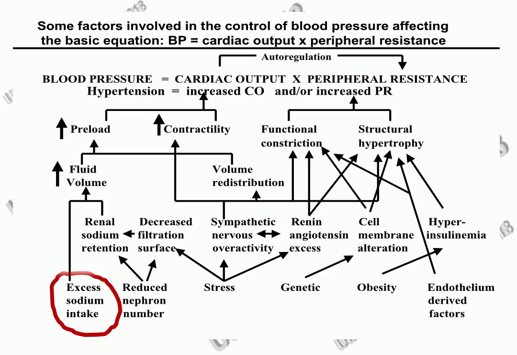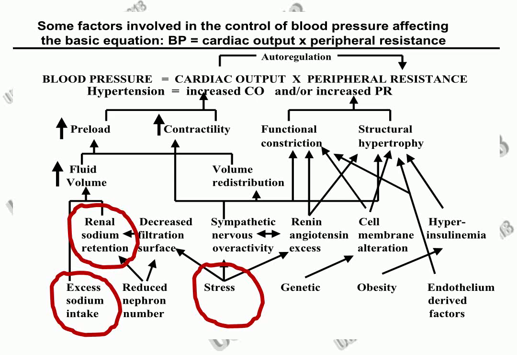And if you look at the different factors that can affect the equation: when you have excess sodium intake, that is basically leading to increased fluid volume. When you have renal sodium retention caused by some form of renal parenchymal disease, that can also increase fluid volume, increasing your preload.